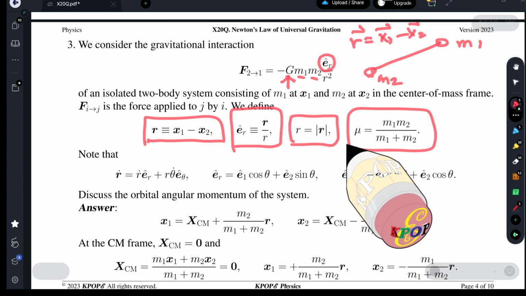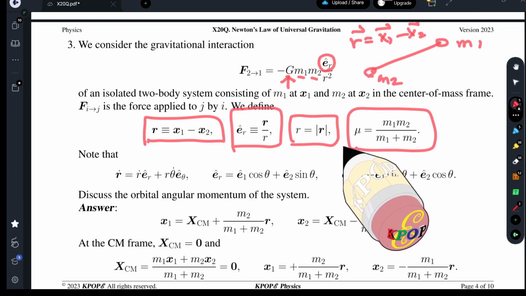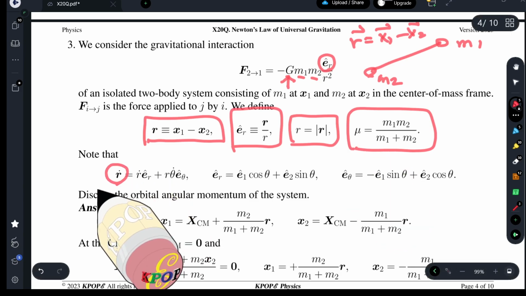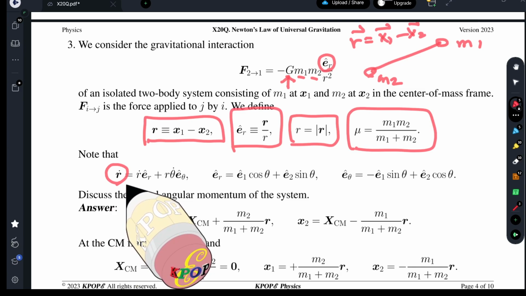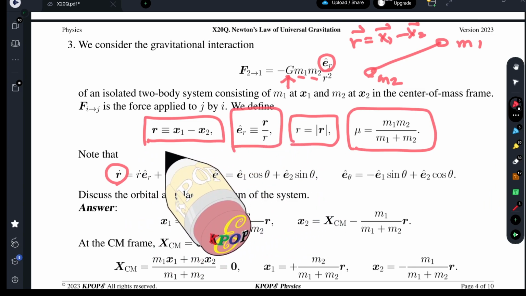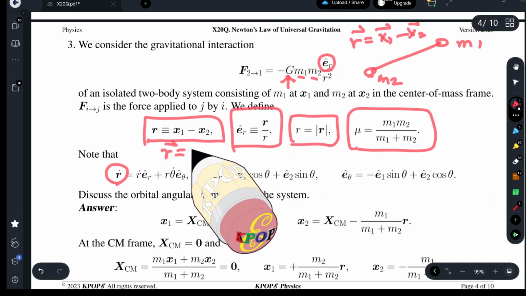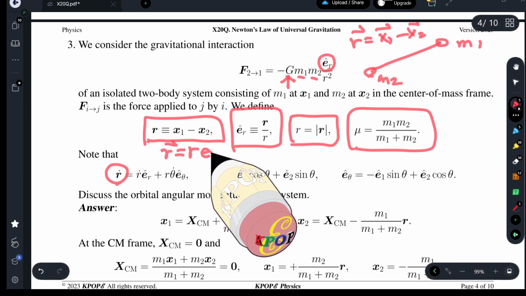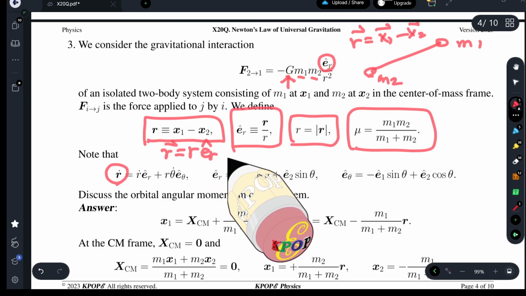We recall that the velocity of the relative coordinate vector can be described in terms of a polar coordinate system in a two-dimensional Euclidean space. In that case, this r vector is r multiplied by the unit vector along that direction.